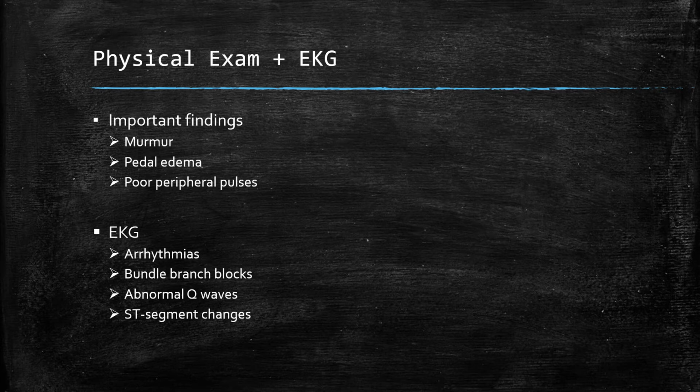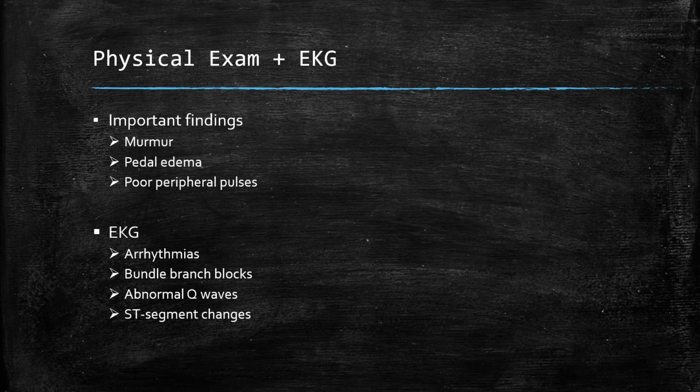Although a basic cardiac exam is part of the preoperative assessment, it is especially important in our patients who are poor historians or in those patients who can't give a history at all. Important findings would be murmurs, pedal edema, or poor quality peripheral pulses.